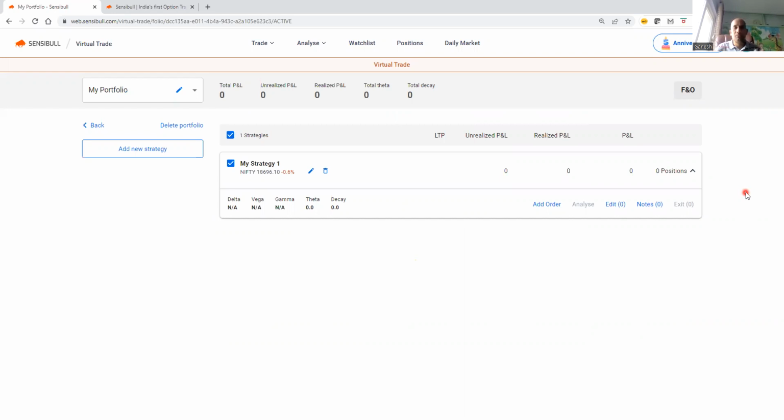But we know we have all the tools like Moneycontrol, where you can track your portfolio separately. But no other website is giving a way to track options as a portfolio. This is where you can track it as your portfolio. You can give it a name.